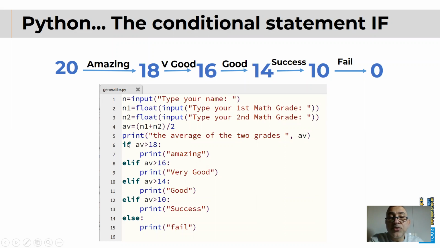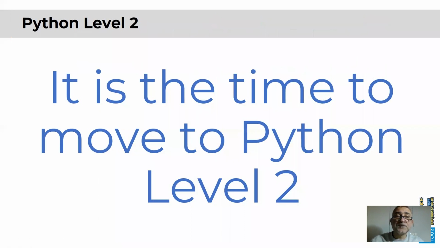I go through a conditional statement to see if my average is greater than 18, I will print amazing, else if it's greater than 16, I will print very good, and so on to reach the last value, which is between 10 and 0, in order to display fail.